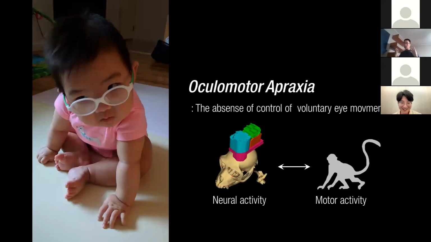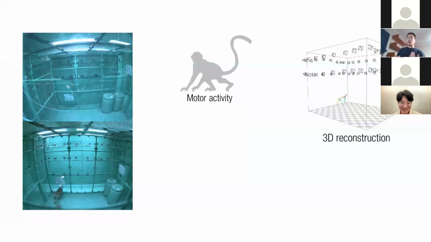Right, so given such a tracking system, we are about to answer the core scientific question of how motor activities, how our muscle movements, are modulated by the neural activity in our brain. For instance, with this camera system, we can reconstruct the 3D body movement in the cage.